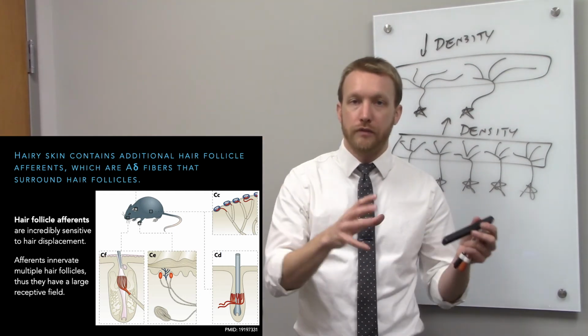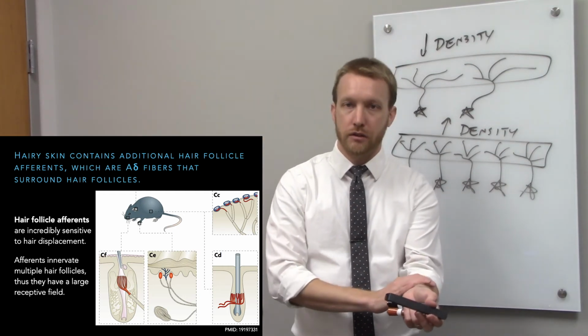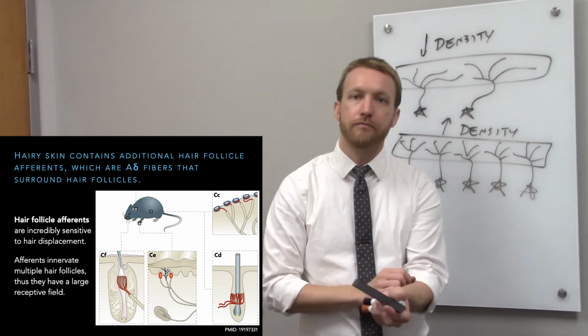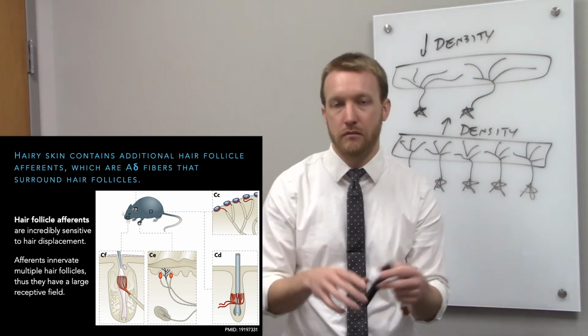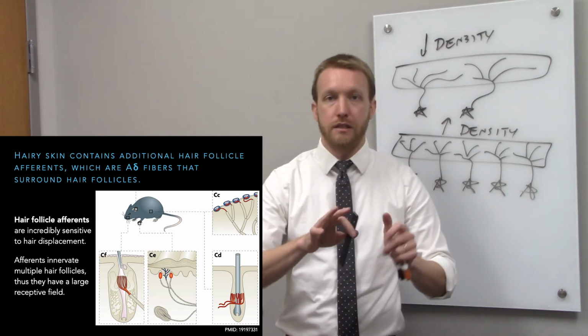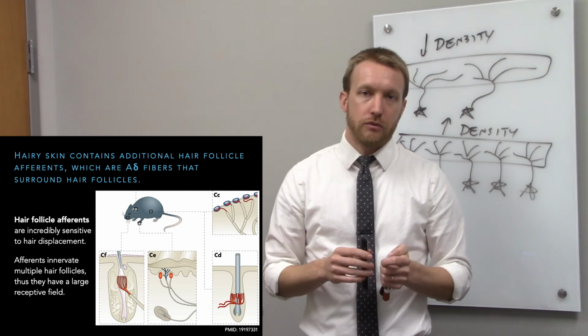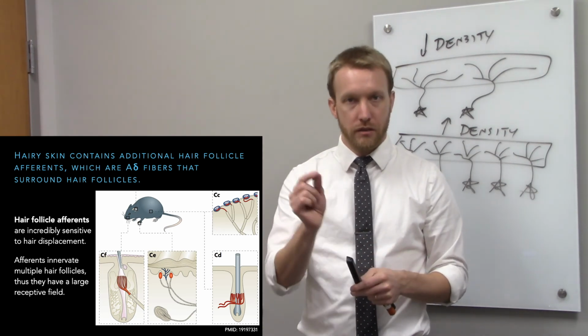Now, unlike the other fibers that innervate the skin, that deal with non-painful stimulation, those are A beta fibers. A little bit bigger, type 2, same thing, same size anyway. In the hair, we're using A delta fibers, which are normally reserved for pain, but here's a little exception for you.